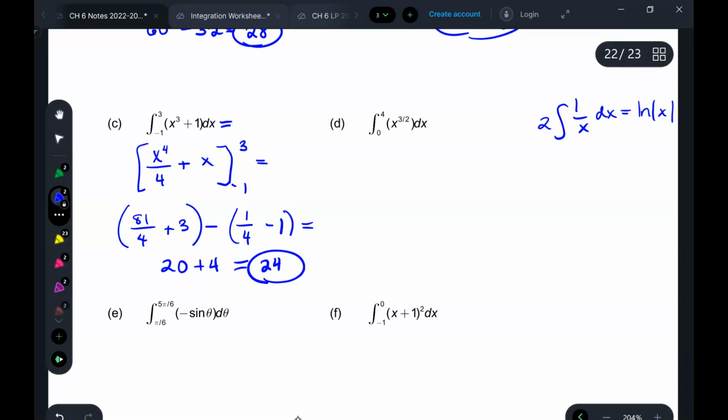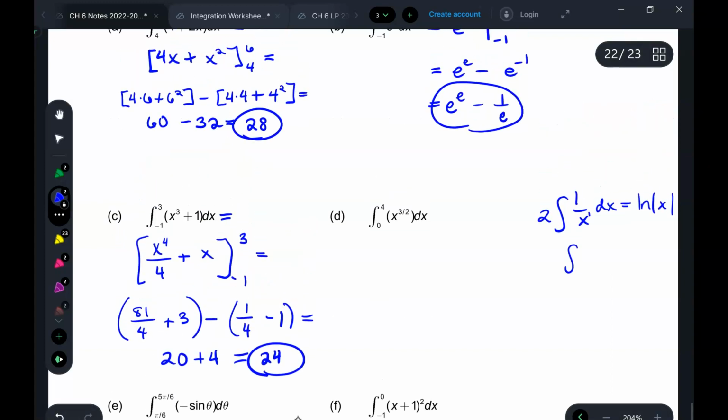Can you do that with any number then? Yeah, as long as it's x to the 1st power in the denominator. So let's say it was the integral of 1 over x squared. That is not natural log, because 1 over x squared would be x to the -2, and then I would do the power rule. Okay, got it. Okay? All right.